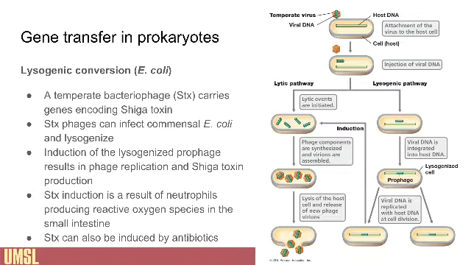Either they undergo the lytic pathway, which is standard viral replication, or they engage in the lysogenic pathway, which is integration of the phage genome into the host genome, where it just faithfully replicates along with the host genome until conditions such as DNA damage or severe physiological stress on the bacteria result in induction of this lysogen into the lytic pathway, where the virus begins replicating.